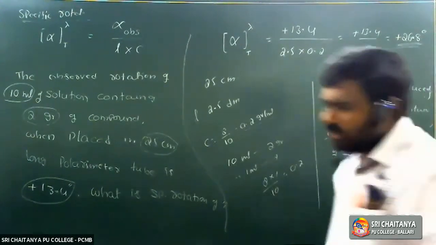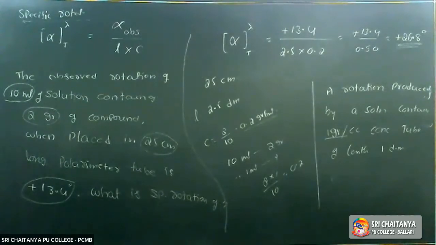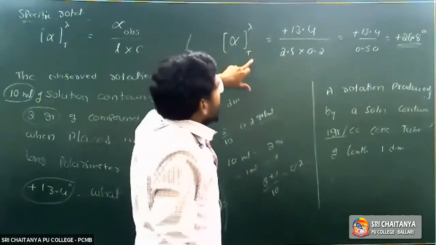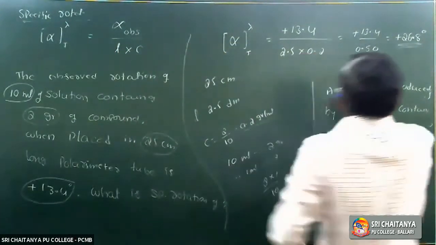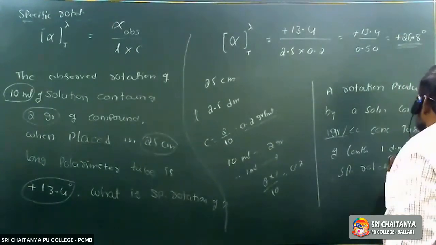The rotation produced by a solution of 1 gram per cc concentration placed in a polarimeter tube of length 1 decimeter, at a given wavelength of light and a given temperature, is called specific rotation.